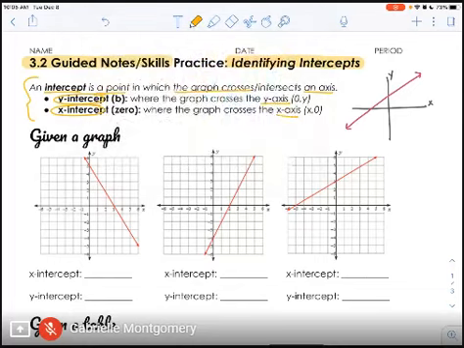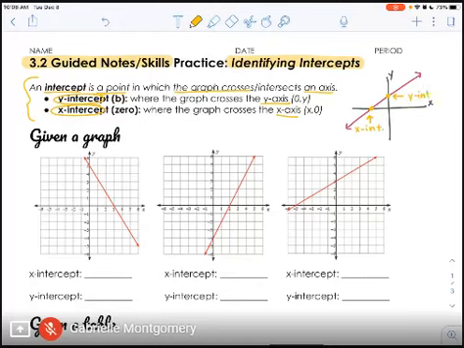Where it crosses the x-axis, this is called the x-intercept. Where the graph crosses the y-axis, this is called the y-intercept.